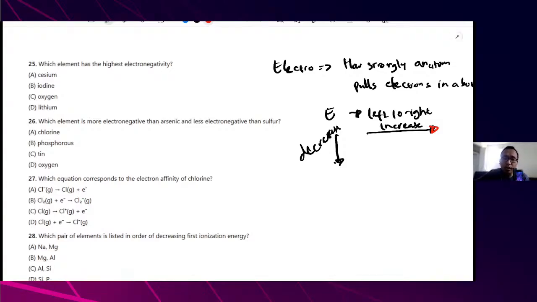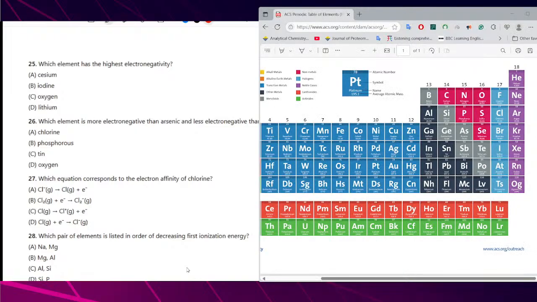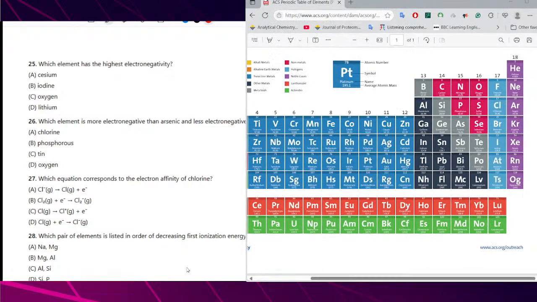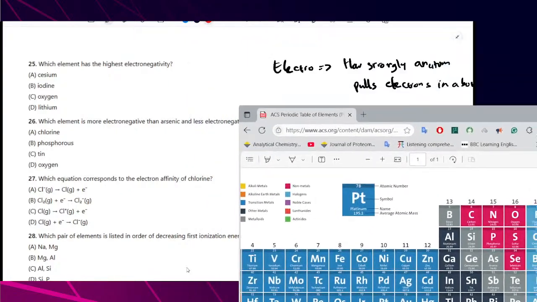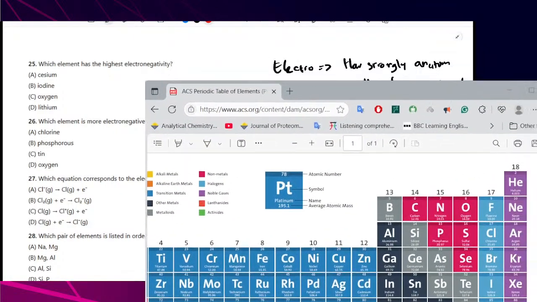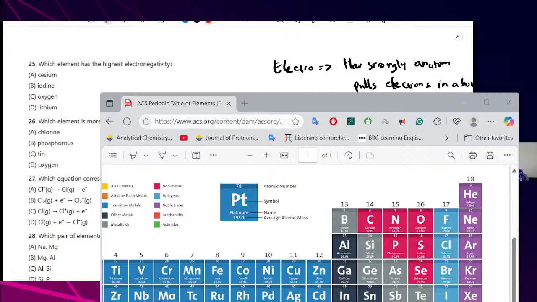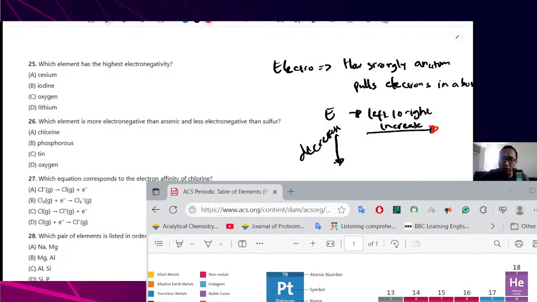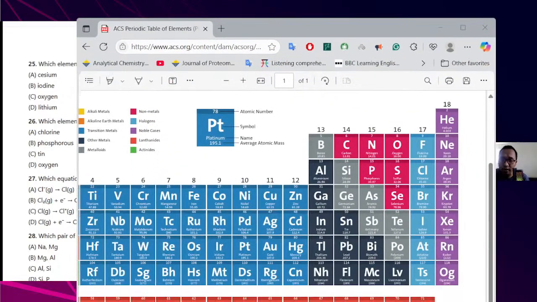And then if you take a look at the periodic table, I'm going to make it bigger. You know, there is no information in the ACS exam like the name of each element in the periodic table, just the symbol.